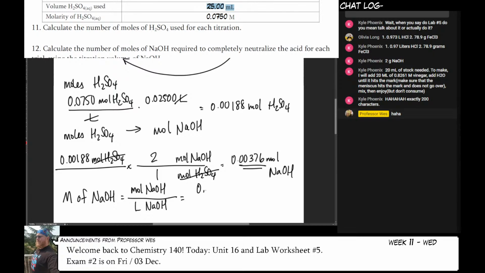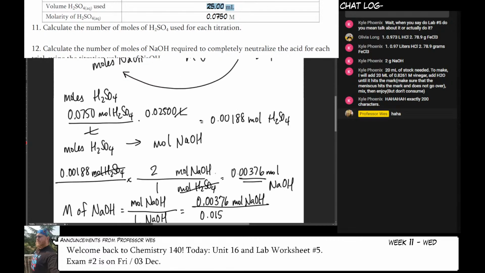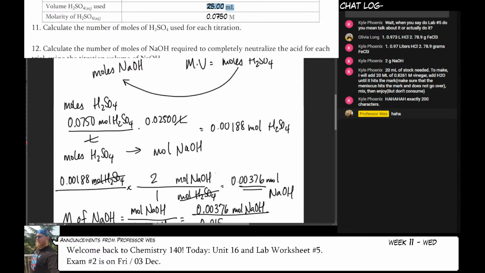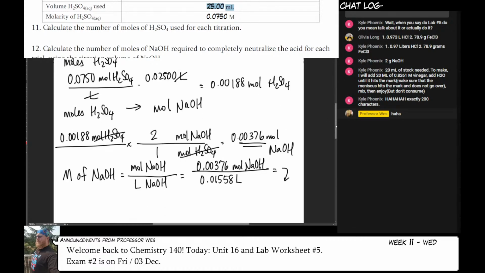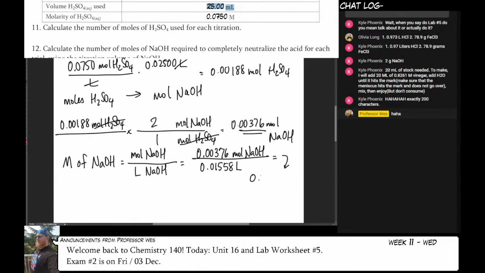So the moles was this many moles were reacted. And the volume for this experiment was, in liters, I've already forgotten the number, 1.558. And so the number that I get when I do this calculation is 0.241.